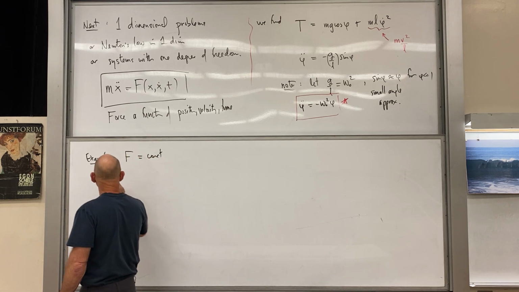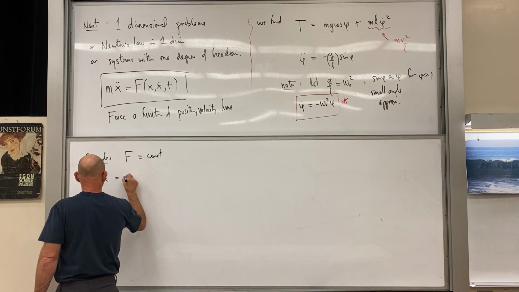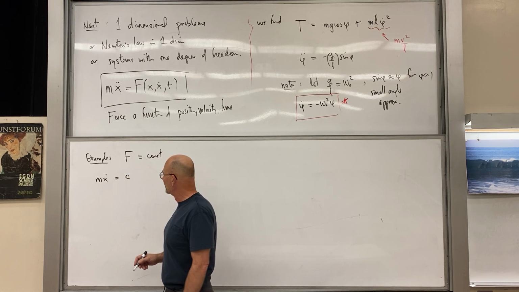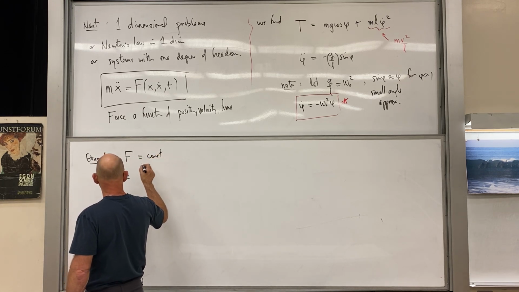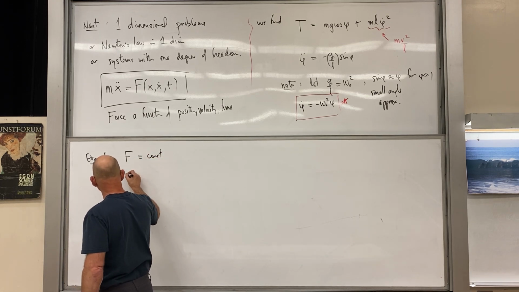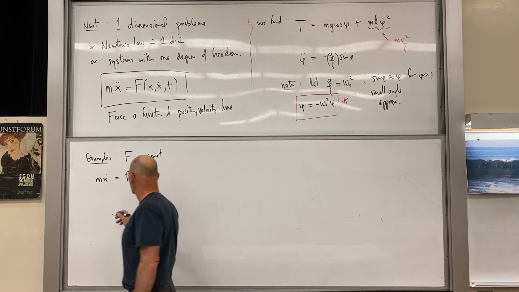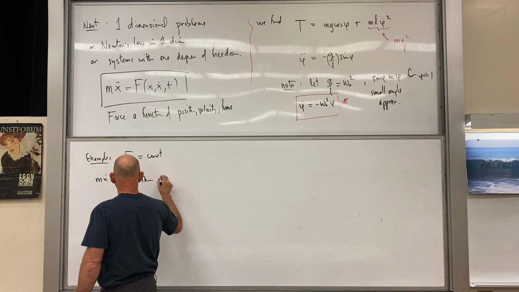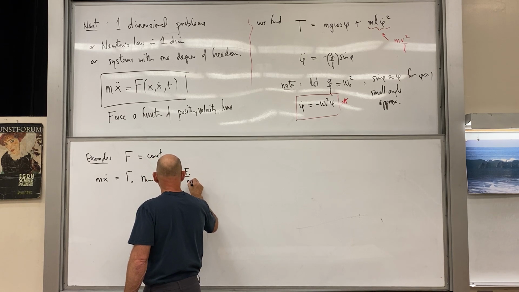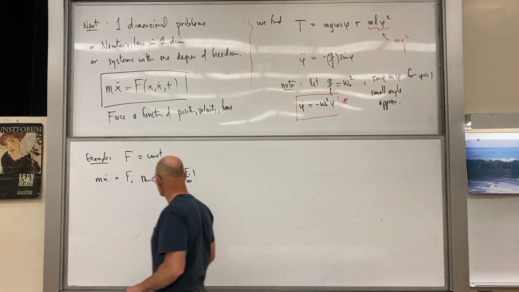Then we have m x double dot is equal to some constant. And if we integrate twice, to not lose sight of the fact that it is a force, we'll just call it F0, and we can integrate twice, okay? Then we've got F0 over m for our constant acceleration, and we've actually solved constant acceleration problems.